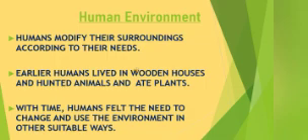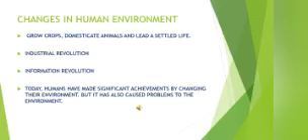So this is how, with changing times and changing needs, humans modify their surroundings and change the environment according to their needs. So here we have some of the changes humans made in the environment.